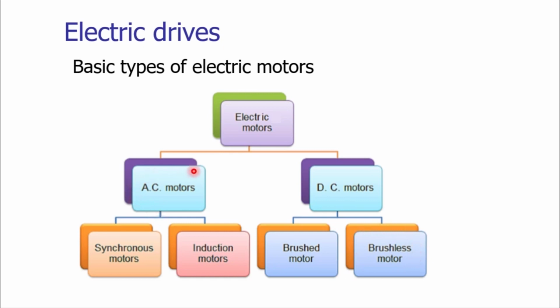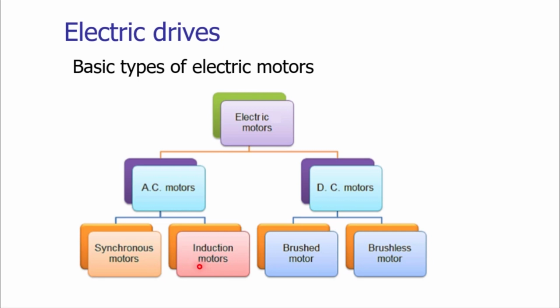The alternating current motors are further classified into two groups, that is the synchronous motor and the induction motor. In a synchronous motor, a three-phase rotating magnetic field is used to get the required rotation of the rotor.